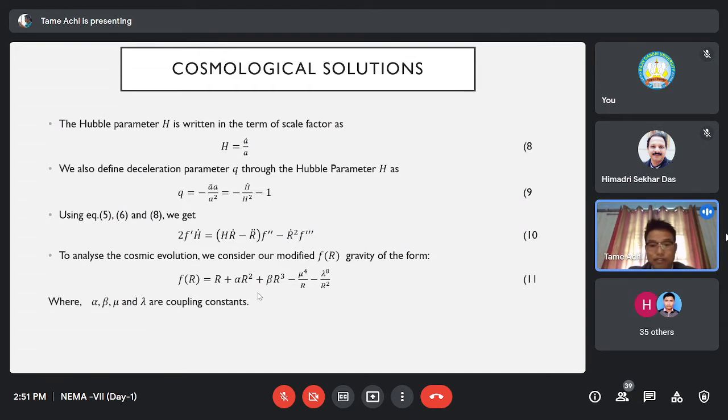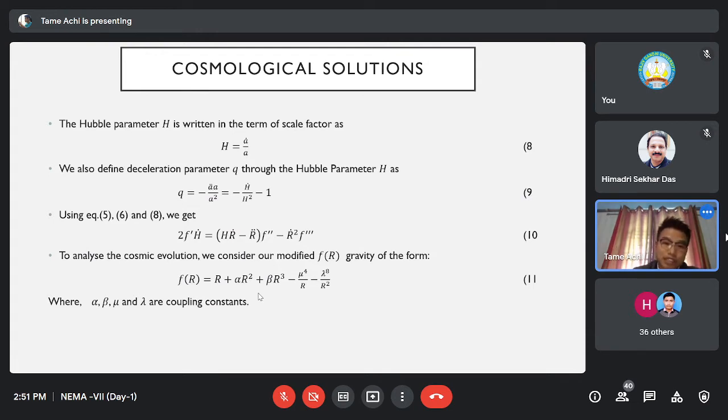Now, to find the dynamics of the universe, we have considered two cosmological parameters: the Hubble parameter in terms of the scale factor, and the deceleration parameter Q in terms of the scale factor and Hubble parameter, represented by equations number 8 and 9. Considering the solutions we got in equations 5, 6 and 8, we solve equation number 10.